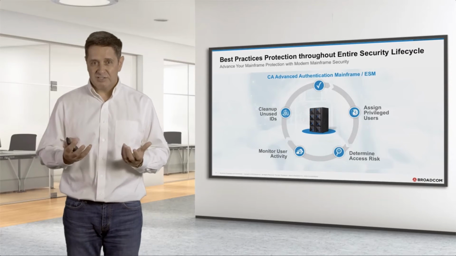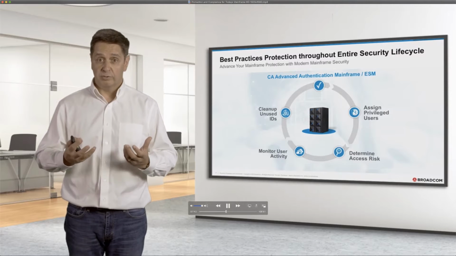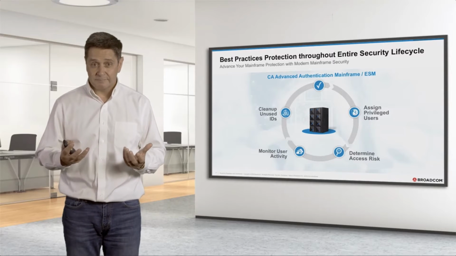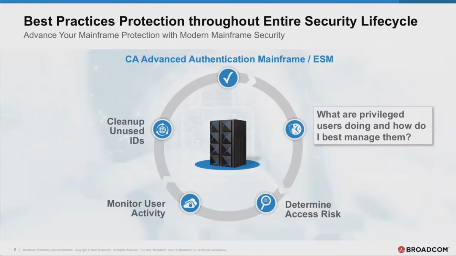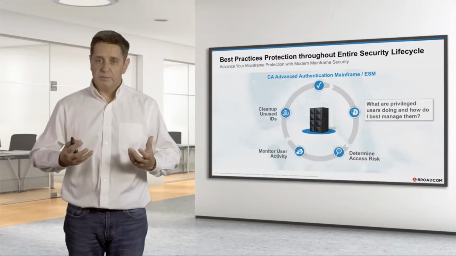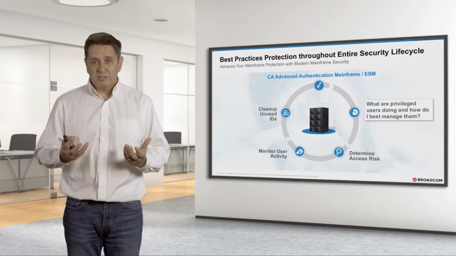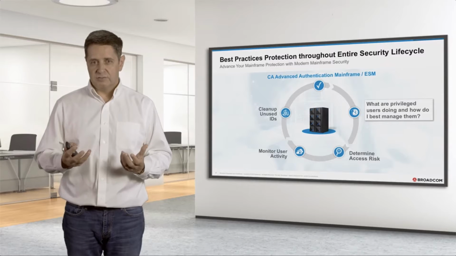In addition to that, we understand that there are critical users on the platform, what we call the privileged users. These users have very extensive access to the mainframe itself. And because of that, we have to put additional controls in place. Hopefully many of you are familiar with the principles of least access. It's one of the ways we try and manage risk in a security environment is we make sure that people really just have access to what they need to do their jobs.